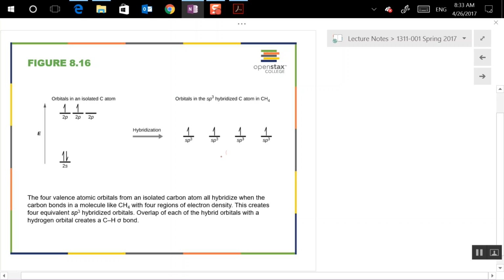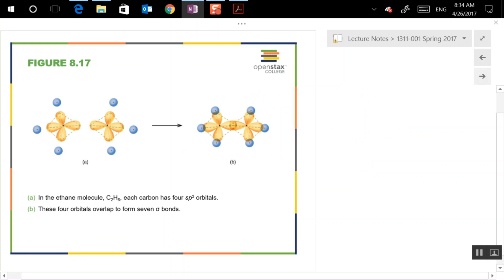And that would cause my carbon, like in methane, CH4, to be in an sp3 hybridized state because it's making 4 sigma bonds. That means it has 1 s and 3 p's, and that's its hybrid state. Okay?